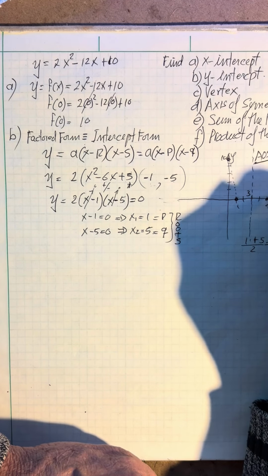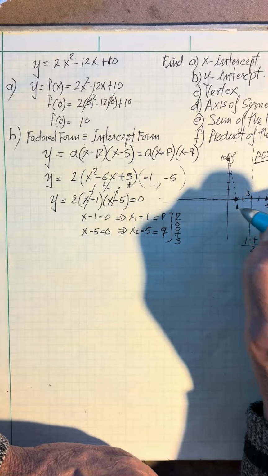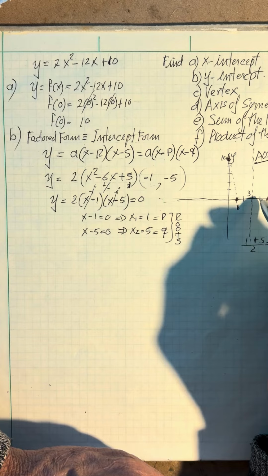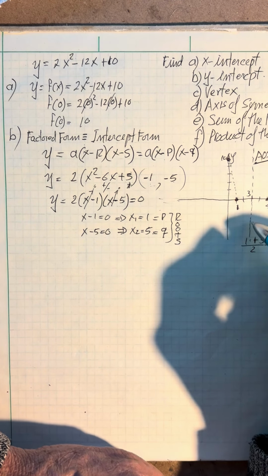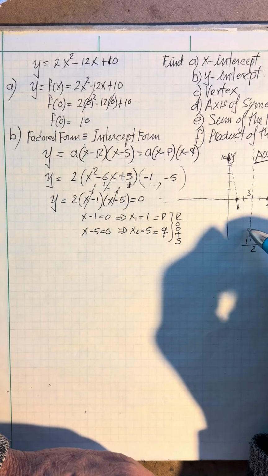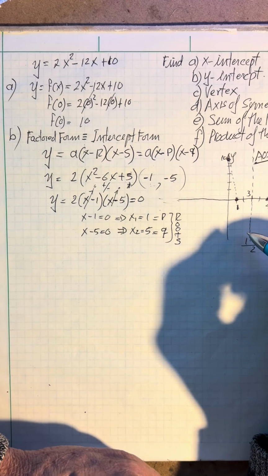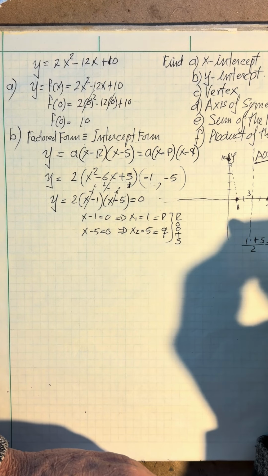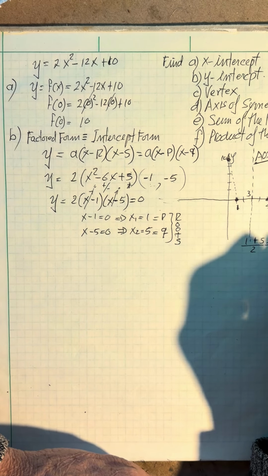This is three, this is 5, and this is 1. We know that the axis of symmetry passes through the vertex, but we still don't know what the vertex is, do we? No, we don't know what the vertex is yet. So we're going to find the vertex. Actually, the vertex is here. We already found it.